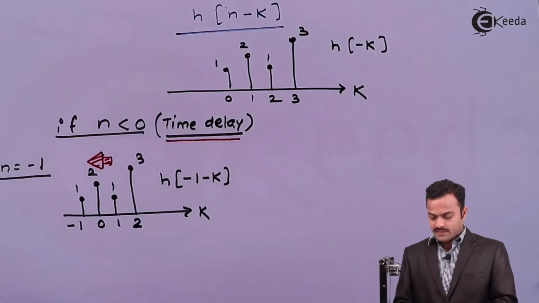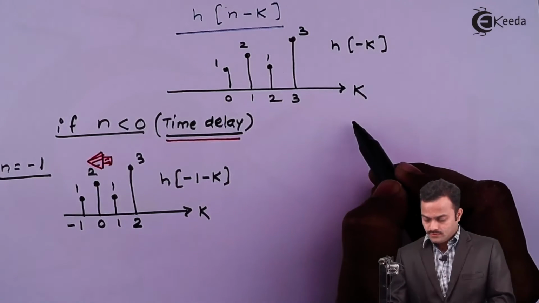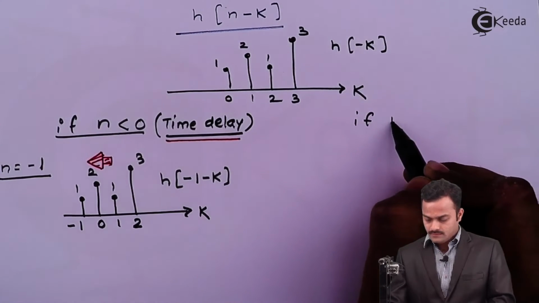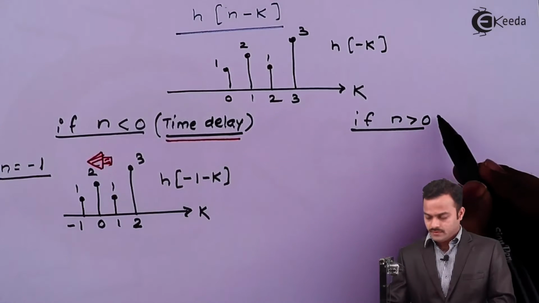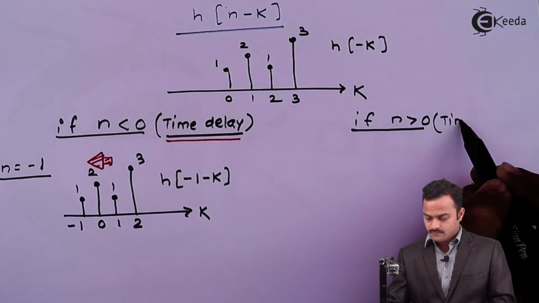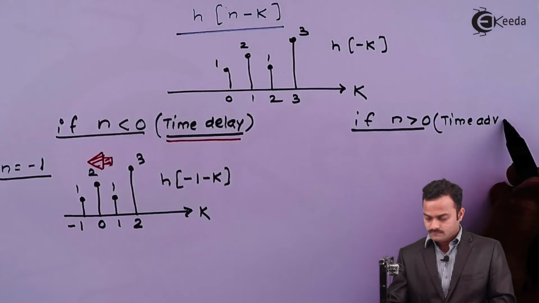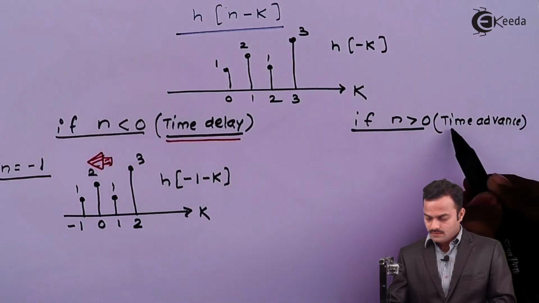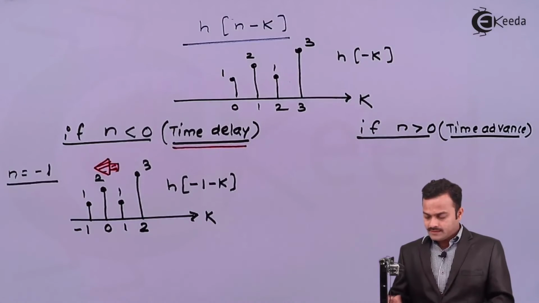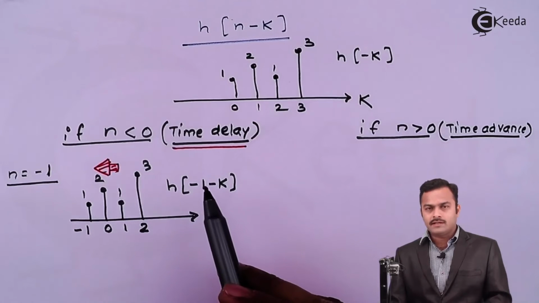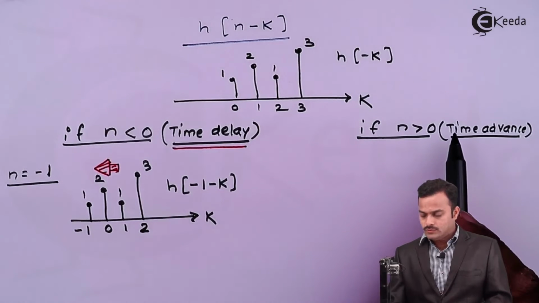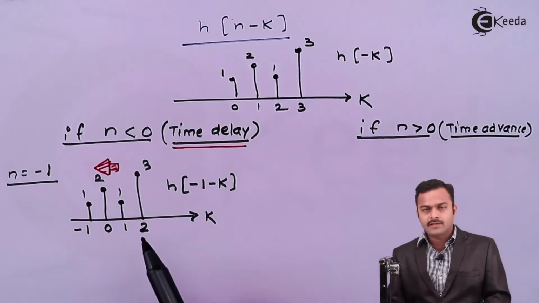Now let's see a time advance. If I'm having n greater than 0, we call this a time advance. So if I take n greater than 0 and do the shifting one by one, it will look like this.